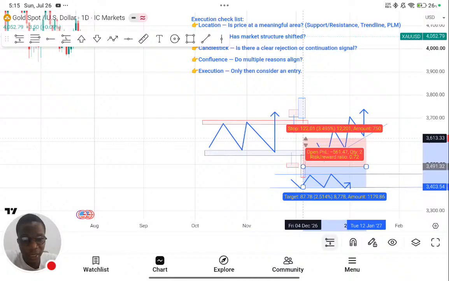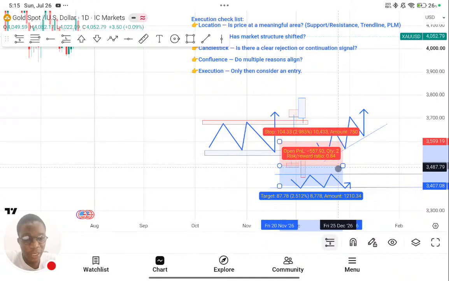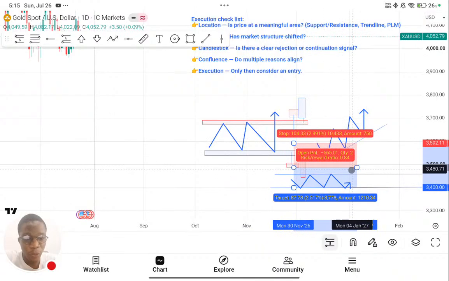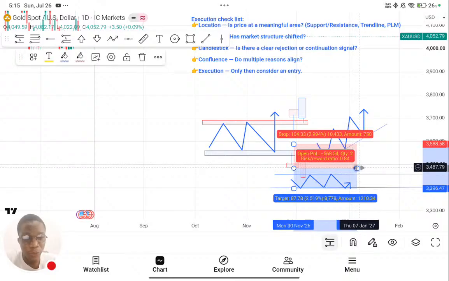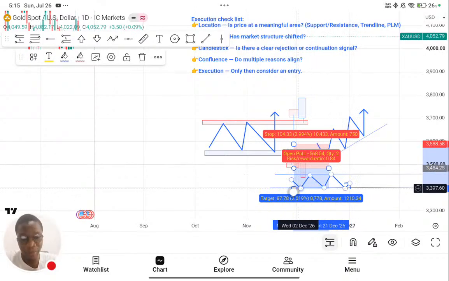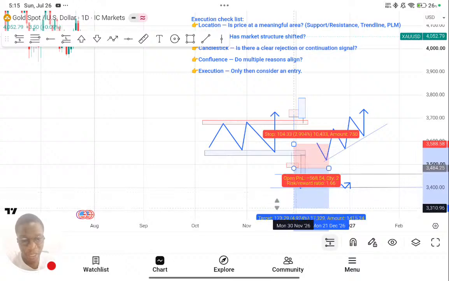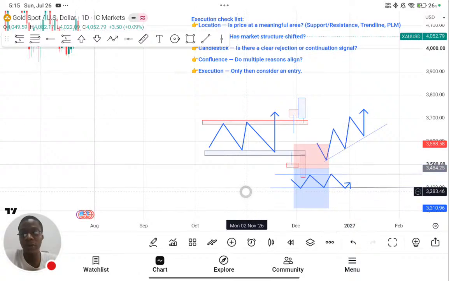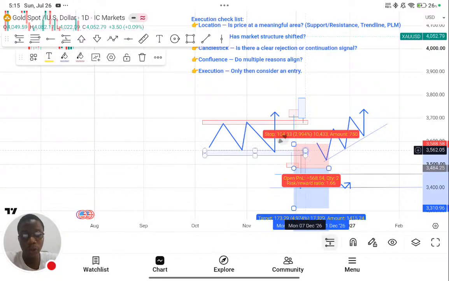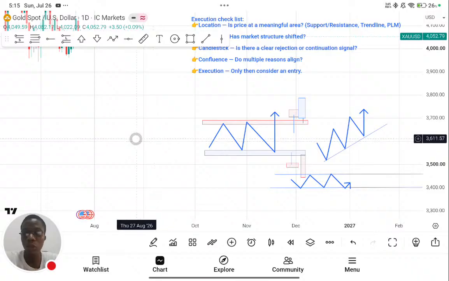The English interpretation of that is that the bears have taken over, and at that point you've gotten your signal to sell. Selling means, oh, I've seen that the bears have taken over and I want to join them and move. Or, I've seen that the bulls have taken over in that particular session, and I want to join them to move. That's just the English interpretation of what this is doing.